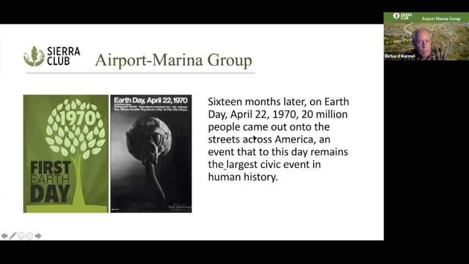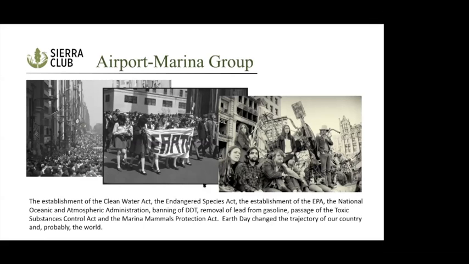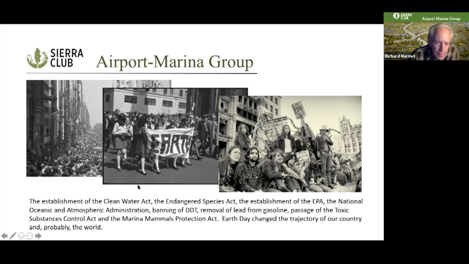20 million people came out onto the streets across America, and an event that to this day remains the largest civic event in human history. Here's what it looked like in New York City.